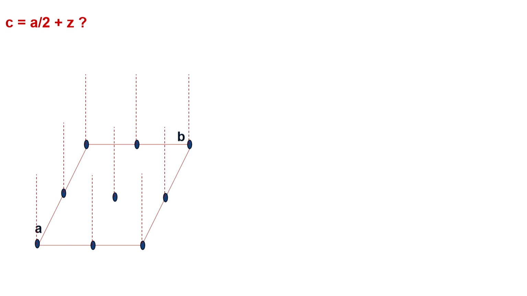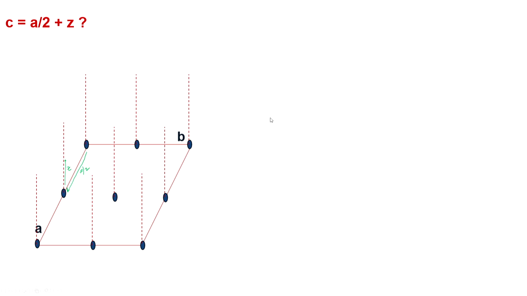Now, what does that mean? So, you go halfway along A, so this is A by 2. And then one goes a certain distance Z up.